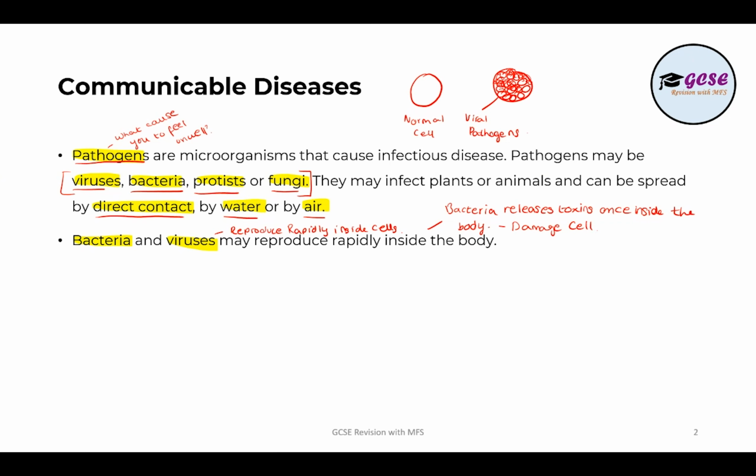Viruses reproduce rapidly inside of cells, and eventually this cell will burst because it has too many of those viral pathogens inside.